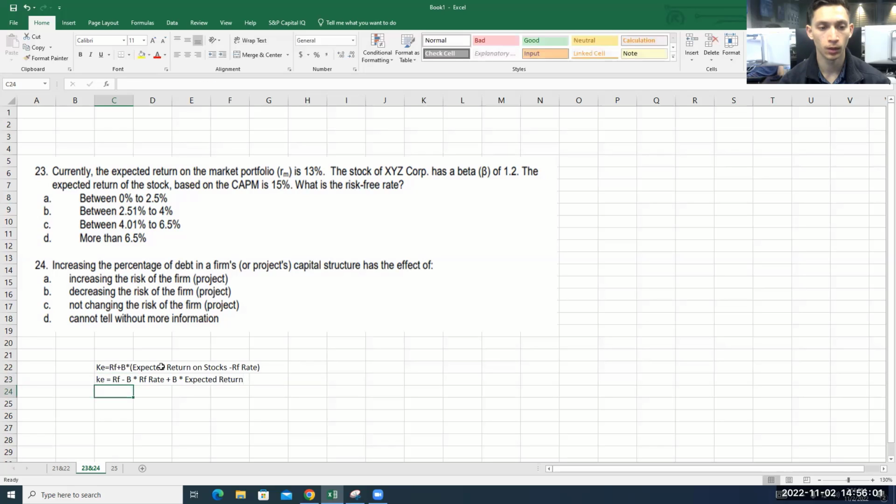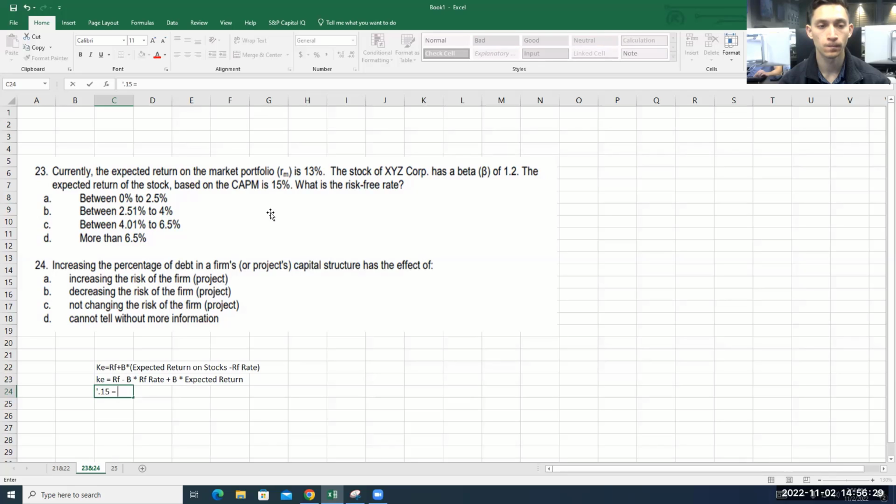So then it's just a matter of plugging in the numbers. So you can see from the problem, the expected return of the market portfolio is 13. The stock has a beta of 1.2. Expected return of this stock, XYZ, is 15%. So we know that 15% is going to equal the risk-free rate.